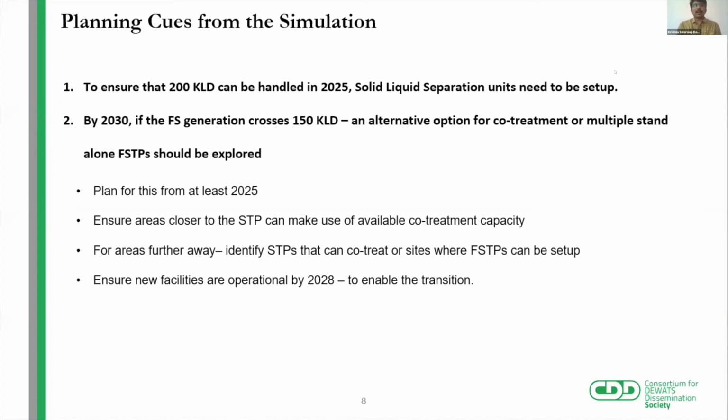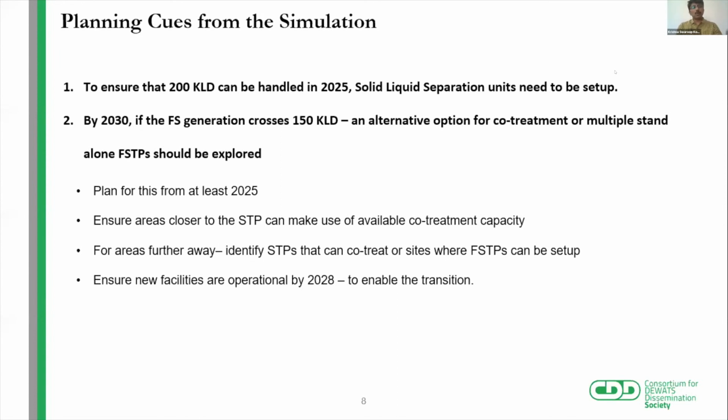Now for this, planning needs to start at least from 2025. Ideally we should plan today and make sure the city is going in a certain direction in how it manages its FS and sewage. But at least by 2025, this needs to be done. Otherwise, we are looking at a potential problem and misutilization of the STP by 2030.